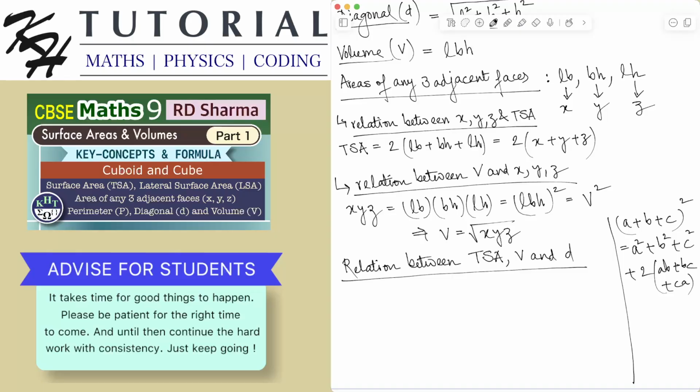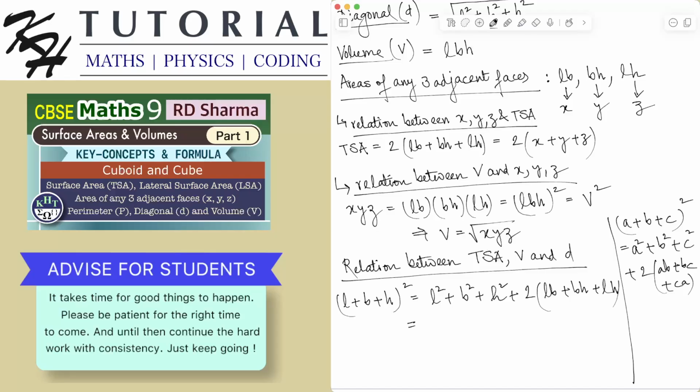Applying this identity to the length, breadth and height of a cuboid, I have (L plus B plus H) whole square is equal to L square plus B square plus H square plus twice (LB plus BH plus LH).